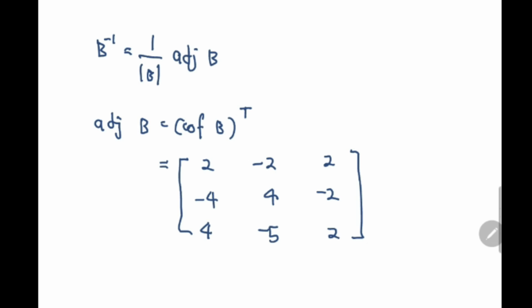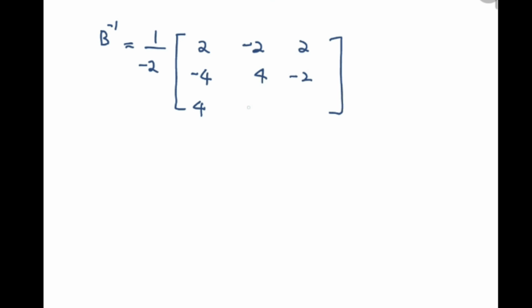Last but not least, you can get B inverse equals 1 over negative 2 times the adjoint. And then don't forget to multiply all the elements into the matrix again.